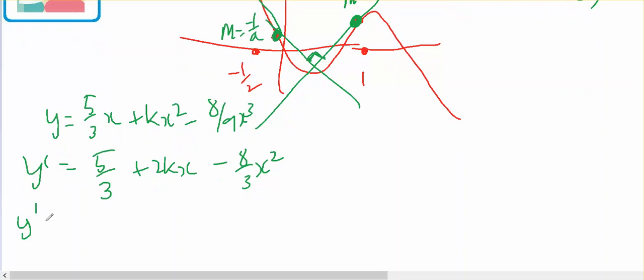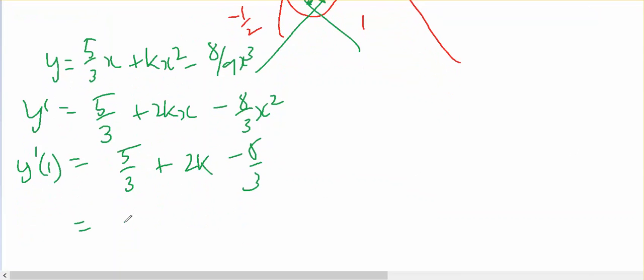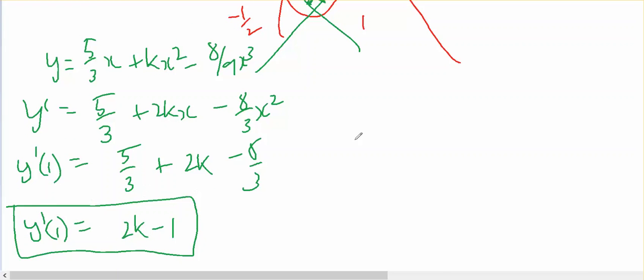And that y dash of 1 will equal 5/3 plus 2k minus 8/3, which is 2k minus 3/3, which is 2k minus 1. So that's y dash of 1.